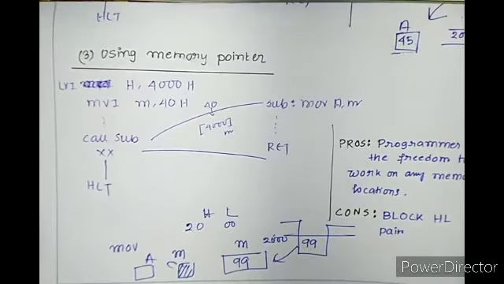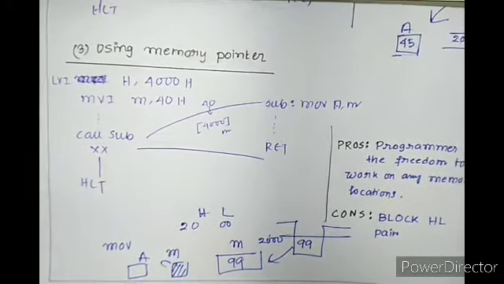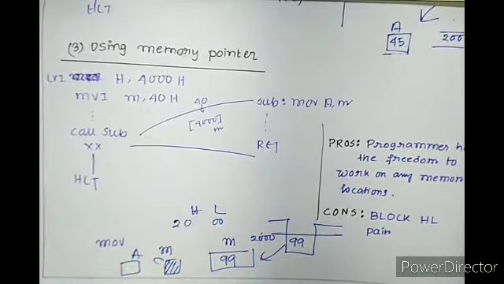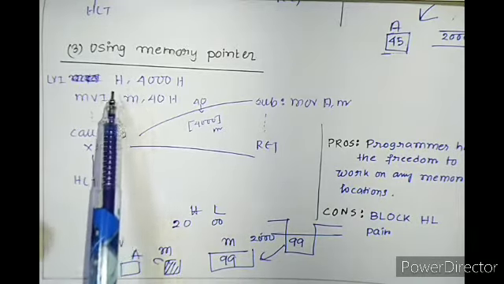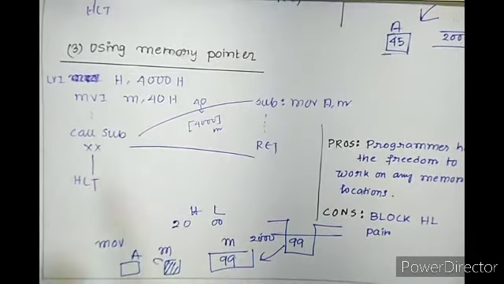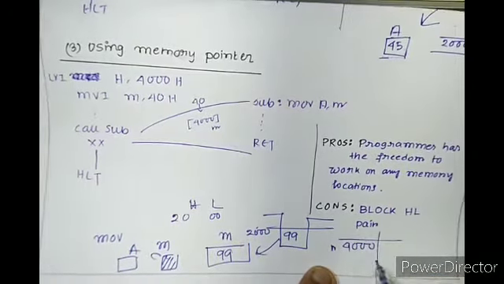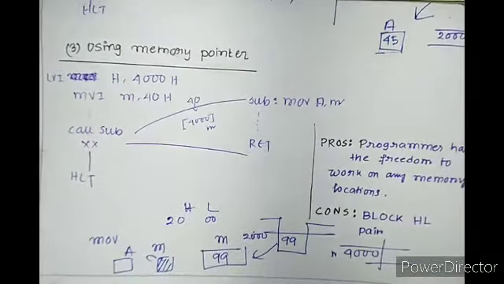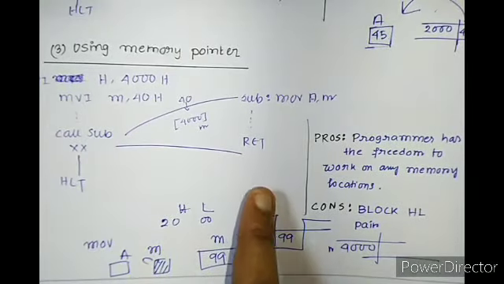So what is the advantage of this method? I have to only initialize the HL pair once, and then I can perform anything that I want to do. I've just initialized the HL pair with 4000. Now my memory location 4000 is occupied, and I've stored data 40 at M. And I go to my subroutine.